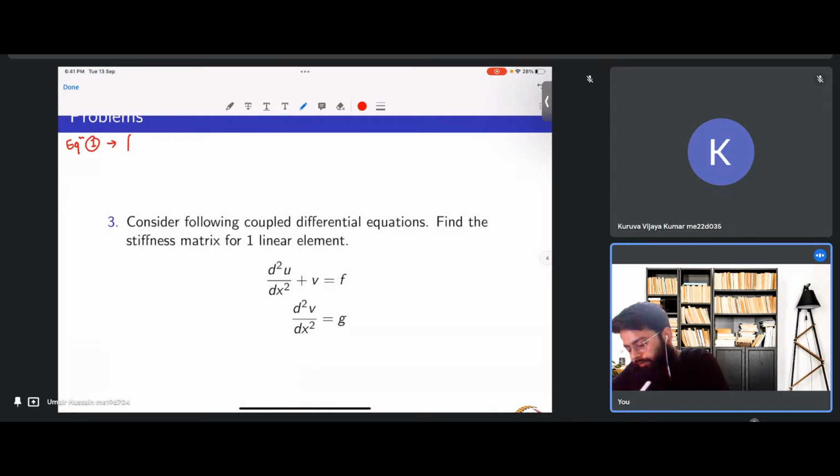First we write the weighted residual statement. I'll take W1 as the first weight function. So we have the integral of W1 times d squared u by dx squared plus v minus f, times dx, equals 0.